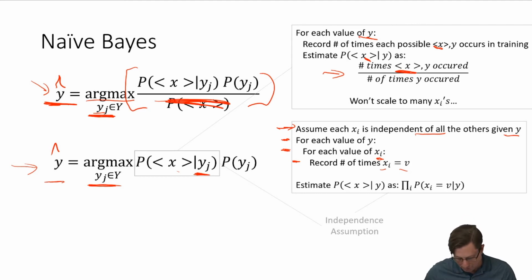Much, much more manageable. And then you estimate this probability of a particular sample given the class label, which is what I'm going to try to predict for a particular instance at runtime, as just iterating over all of its features and multiplying the probability of that feature having that value in conjunction with the particular label.